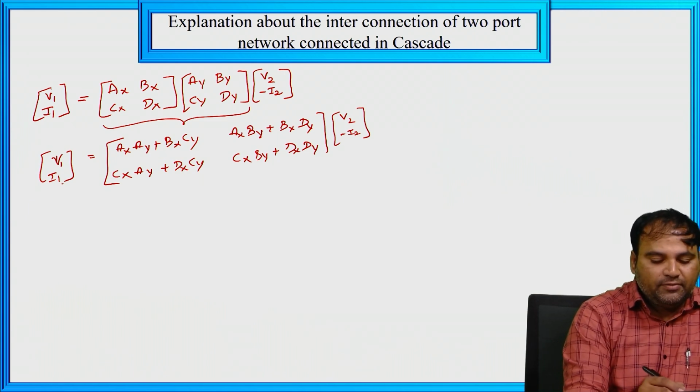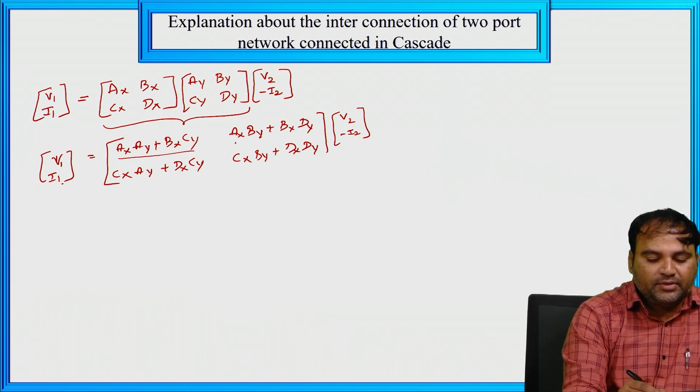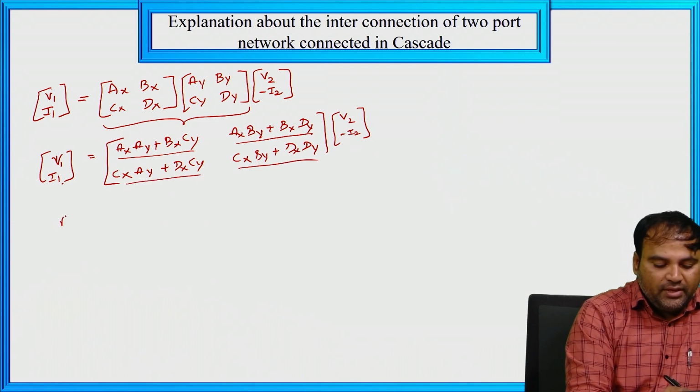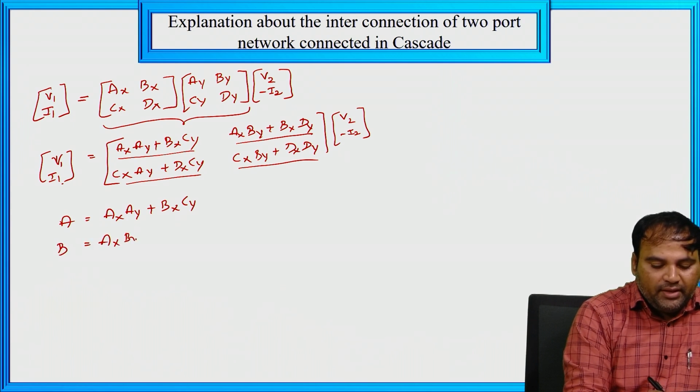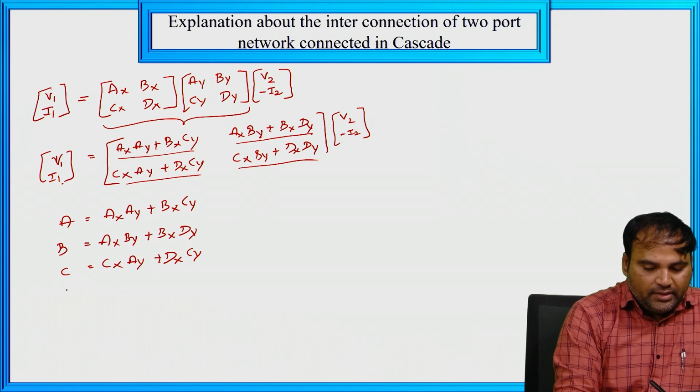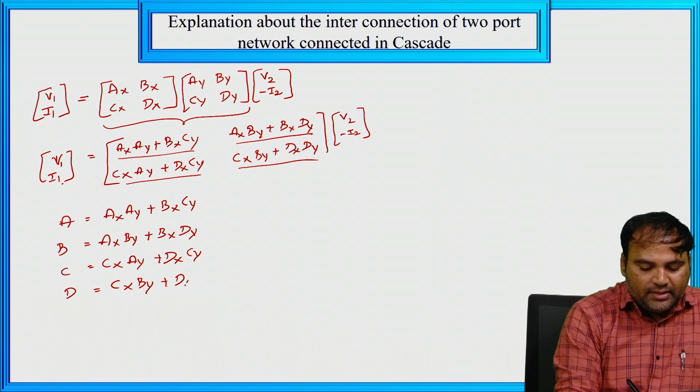Here A equal to AX AY plus BX CY, B equal to AX BY plus BX DY, C equal to CX AY plus DX CY, and D equal to CX BY plus DX DY.